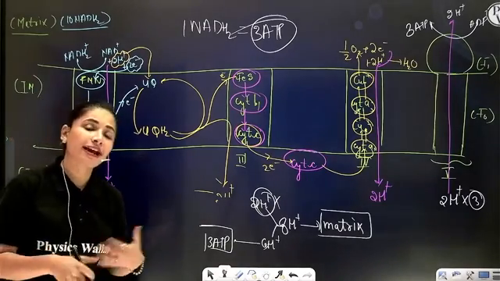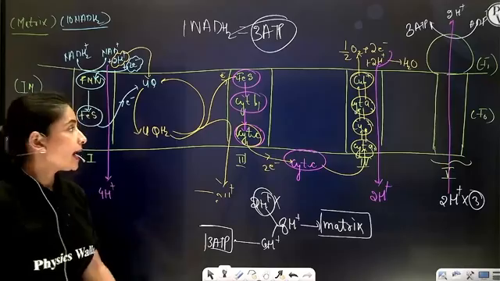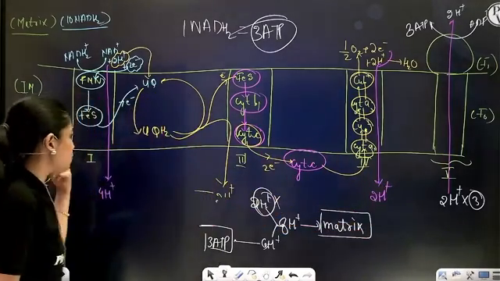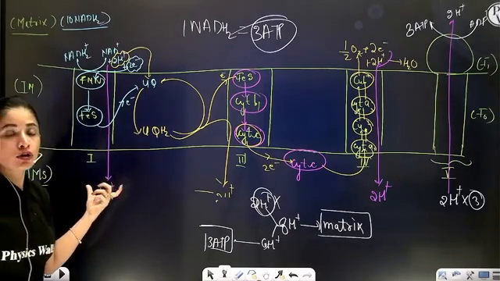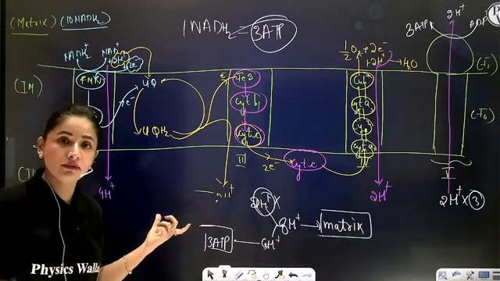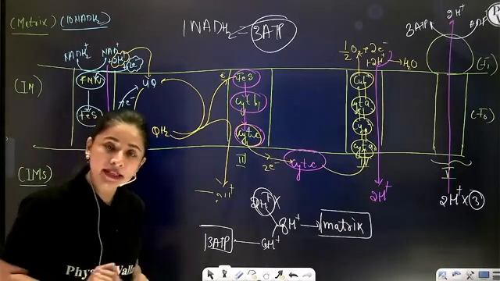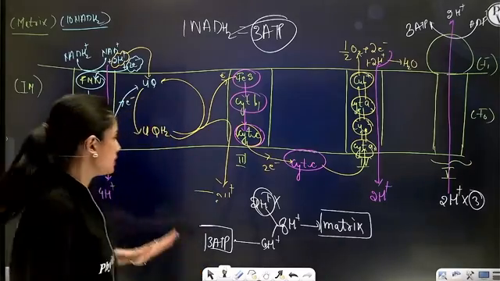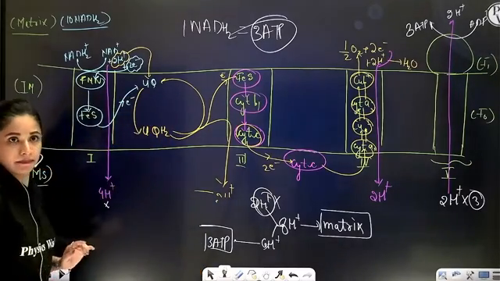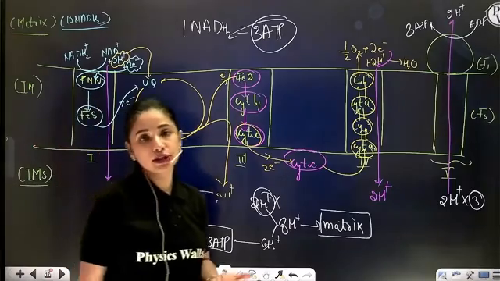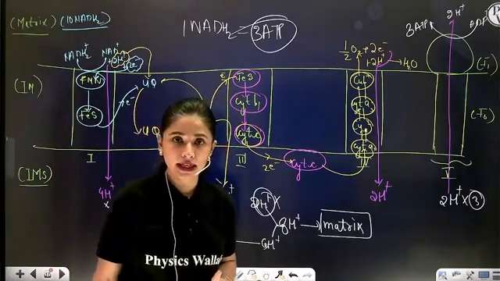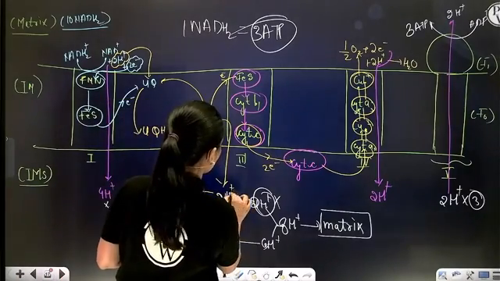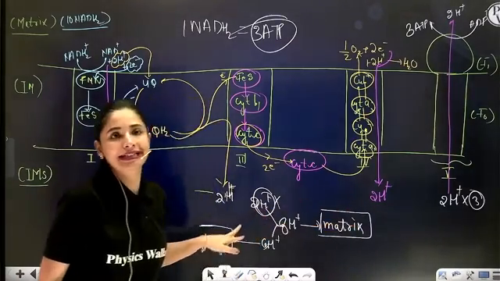Now if I talk about FADH2 oxidation, then the whole process remains the same. It's just that complex 1 gets replaced by complex 2. And one thing you have to remember, complex 2 does not pump any protons. So there these 4 protons go missing. Hence, during the oxidation of one molecule of FADH2, a proton gradient of 4 protons is created, not 8.